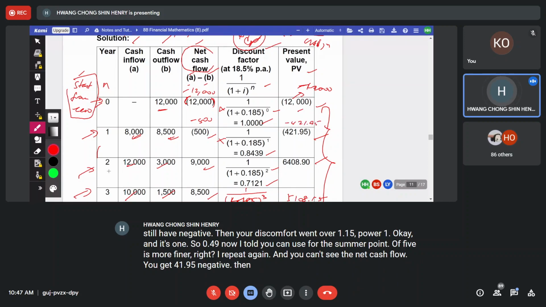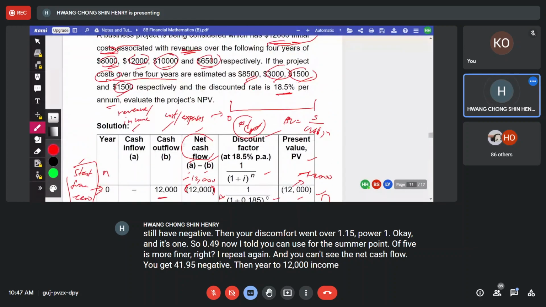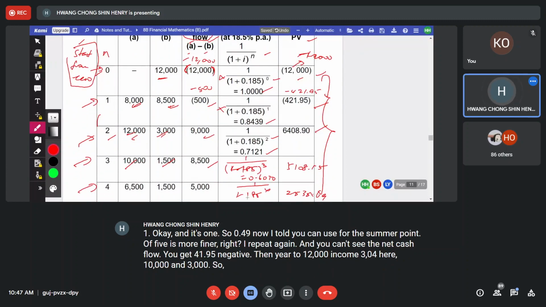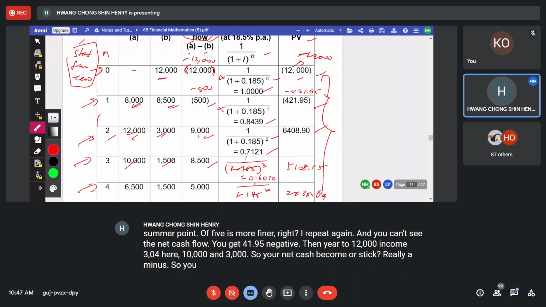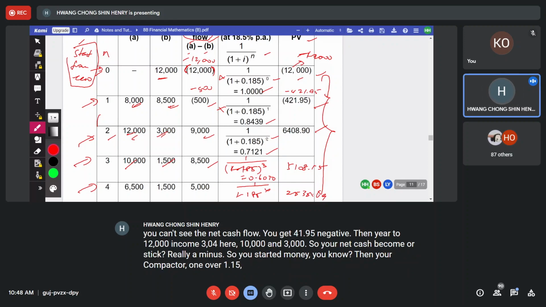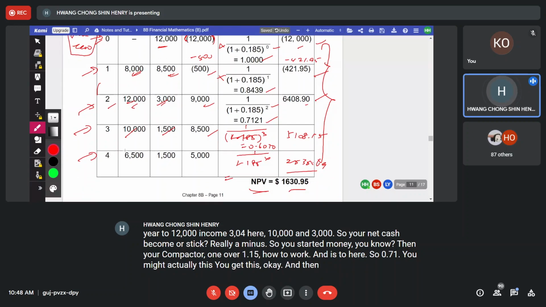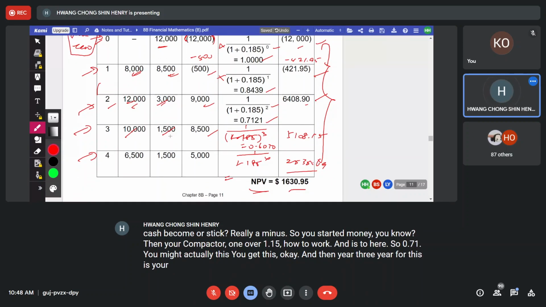Then year 2, 12,000 income, 3,000 is your outflow. So your net cash becomes positive already. You start to earn money. Then your discount factor is 1 over 1.185 power 2, so 0.721, you times with this, you get this. Then year 3, year 4, this is your revenue and cost.